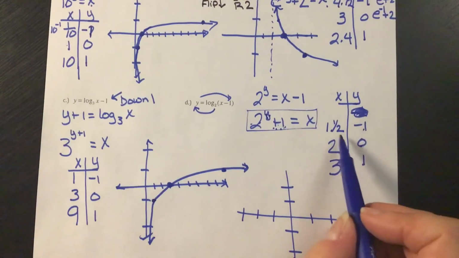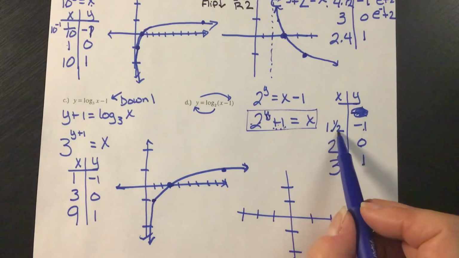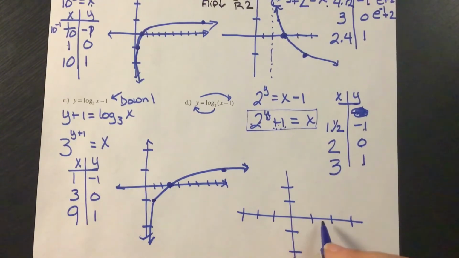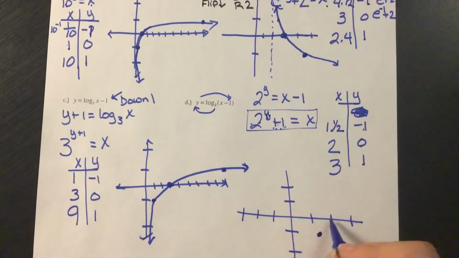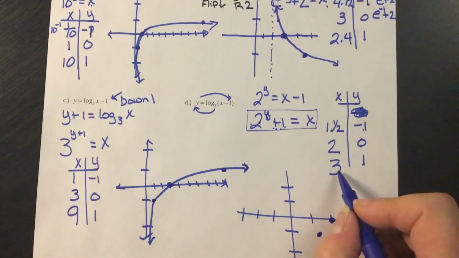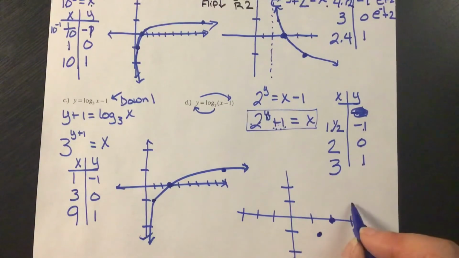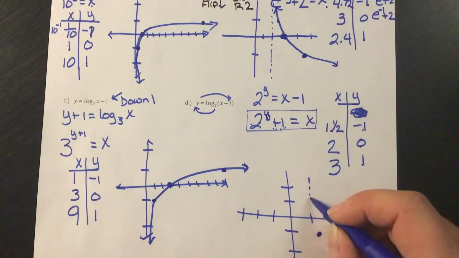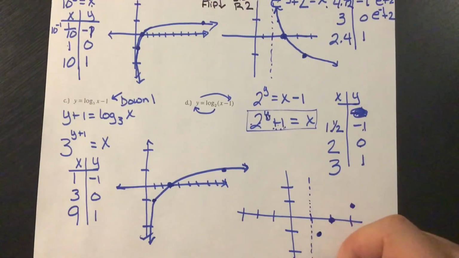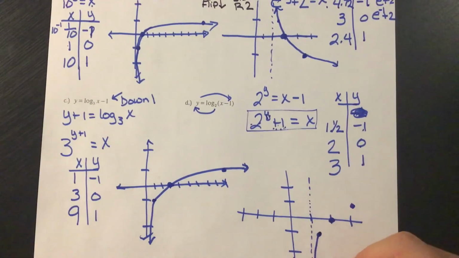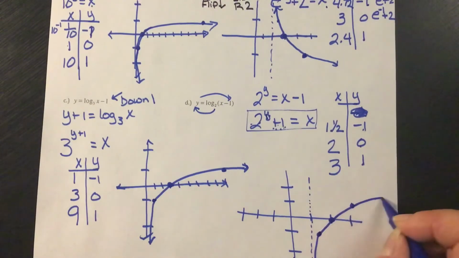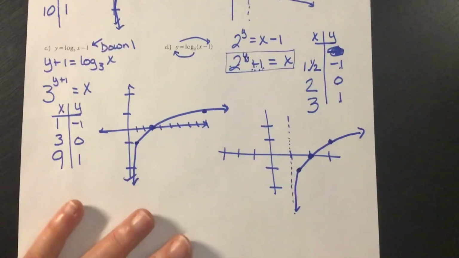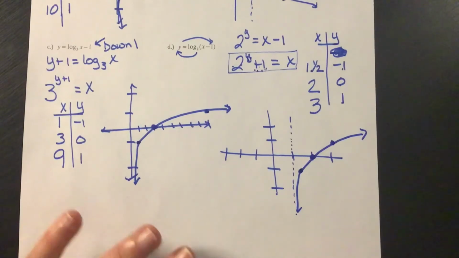And I have over 1.5, down 1, over 2, up 0, and over 3, up 1. Okay, it almost looks linear, but we know I'm moving to the right one, I should have this asymptote here. And that's what that one looks like.